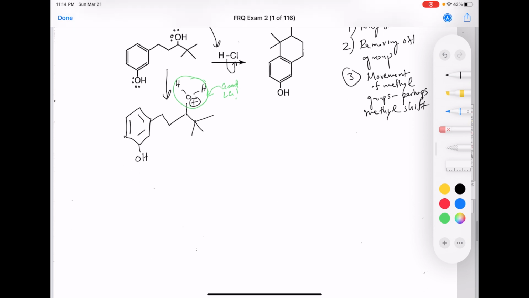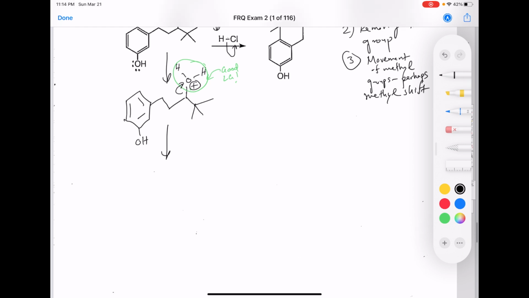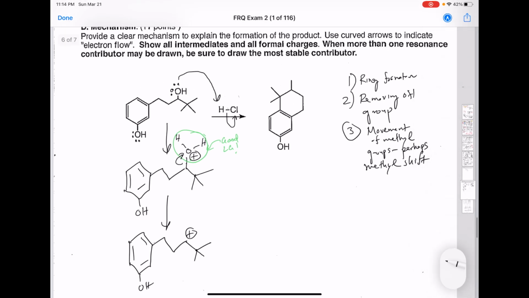So in the next step, since I had said earlier that the water is a good leaving group, it will depart from the molecule, and we're left with a secondary carbocation. Now this secondary carbocation is indeed susceptible to rearrangement, and this ties back to our previous prediction about the possibility of a methyl shift.